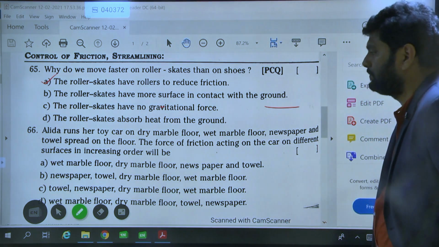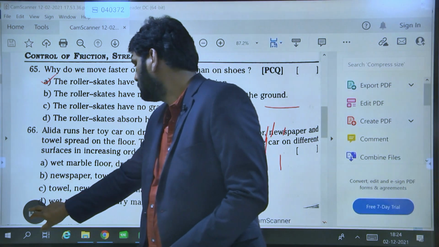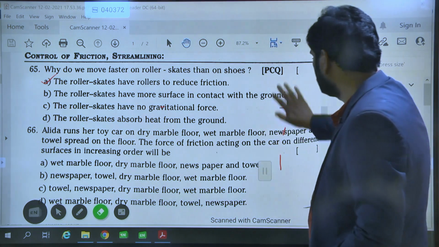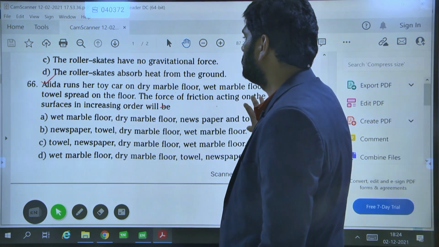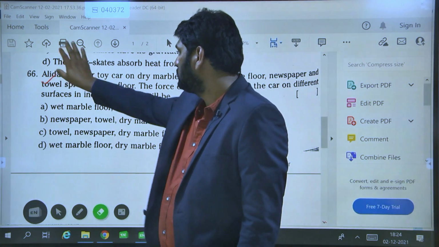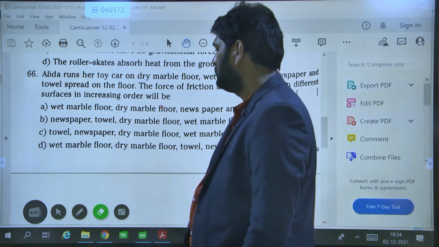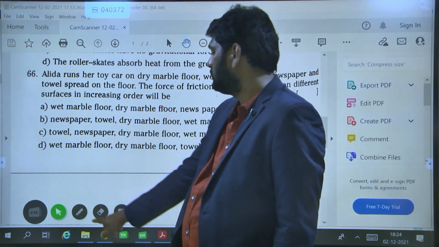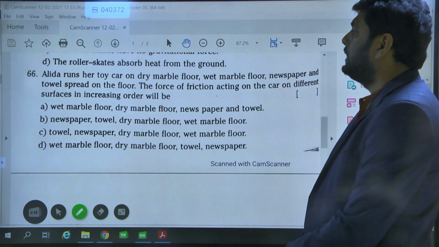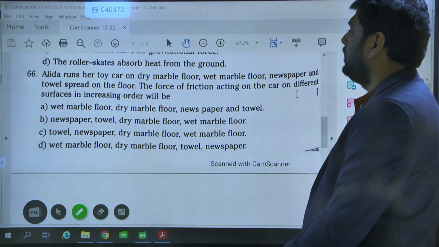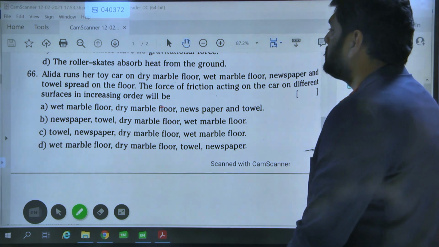Next, question 66. Alida runs her toy car on dry marble floor, wet marble floor, newspaper and towel spread on the floor.